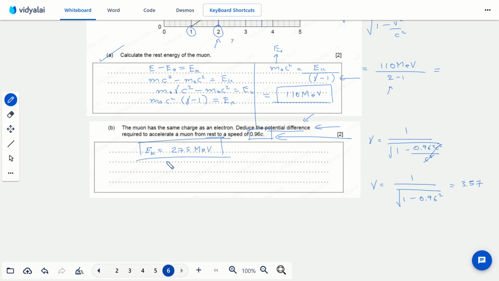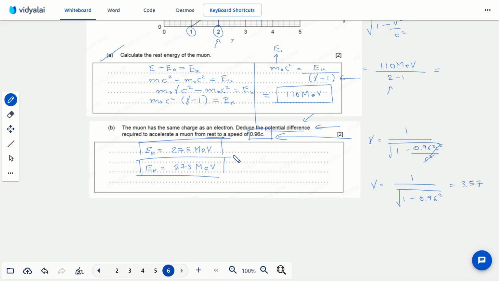So we just take this energy, call it EP instead of EK, because energy is conserved and the muon is getting its kinetic energy from the potential energy that it had.